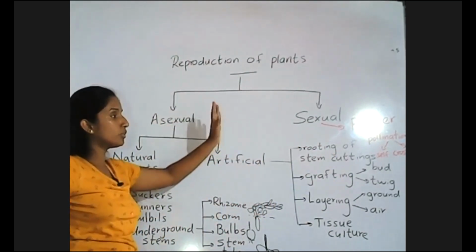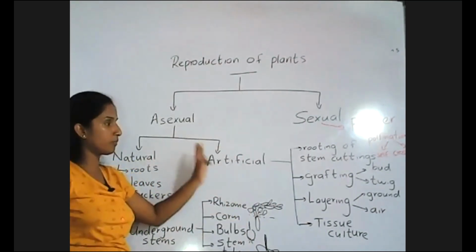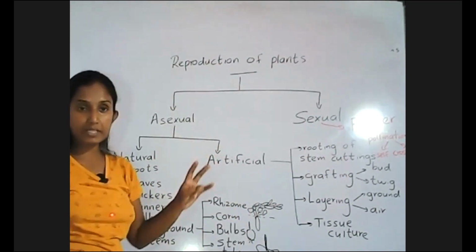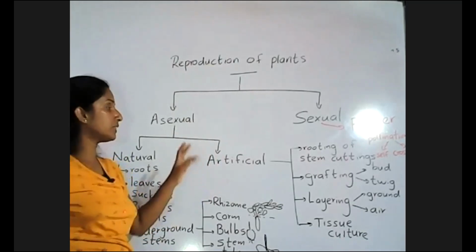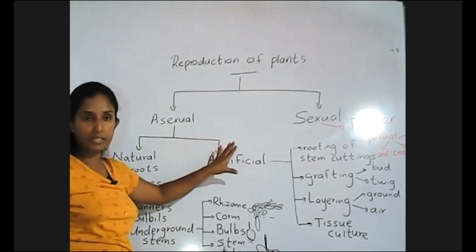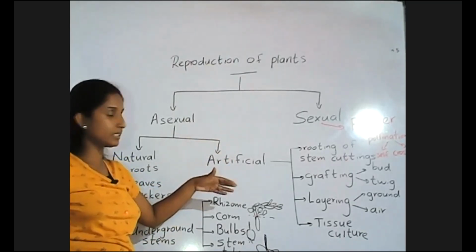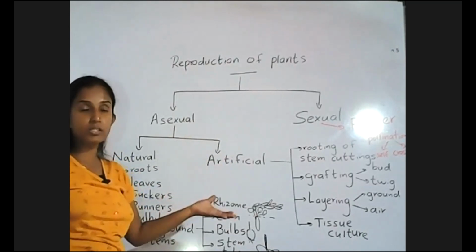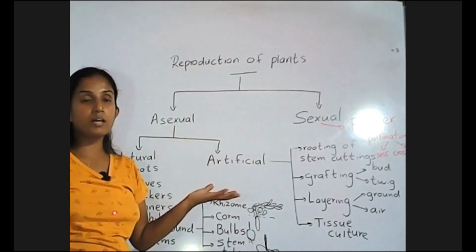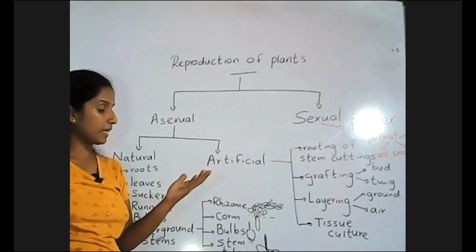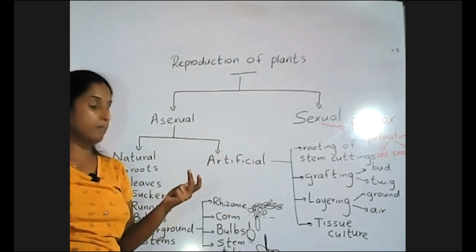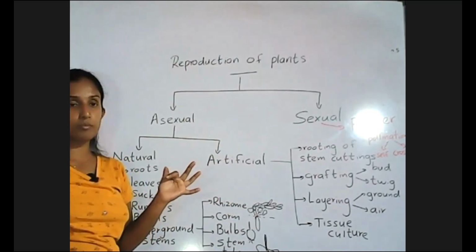So in your book, you are given all these things about the pollination. What are the agents of pollination? Then how the pollination occurs, then the fertilization, then the appearing of fruit, then how the fruits are dispersed by water, wind, by animals, and by the explosive mechanism.